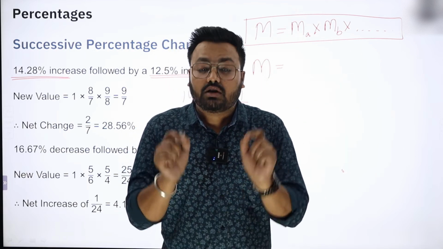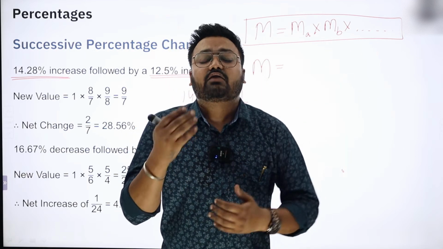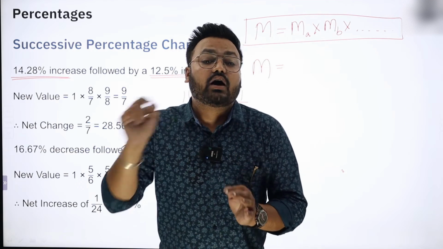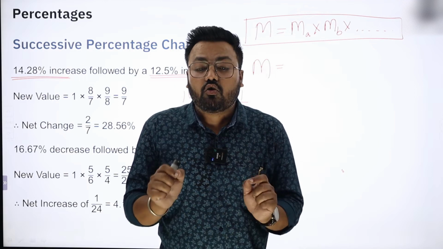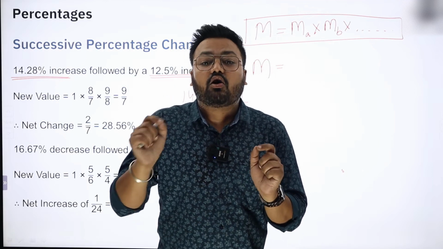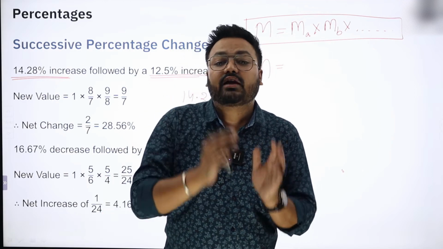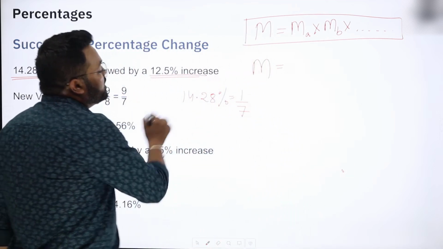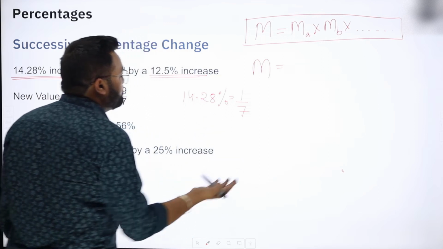So we have to learn all those fractions like 1 by 2, 1 by 3, 1 by 4, 1 by 7, 1 by 8, and till 1 by 30 we should know the fractional value of all the percentages, or I would say the percentage value of all the fractions. So what is 14.28%? It is 1 by 7.